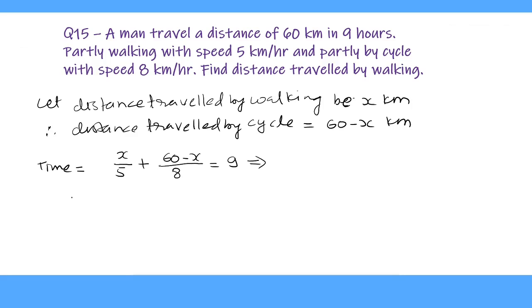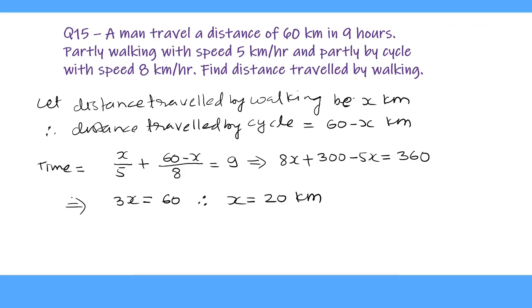On multiplying both sides by 40, we get 8x plus 60 into 5 is 300 minus 5x equals 9 into 40 is 360. This gives us 8x minus 5x equals 3x, which equals 360 minus 300 is 60. Therefore x equals 20 km. So distance traveled by walking is 20 km.